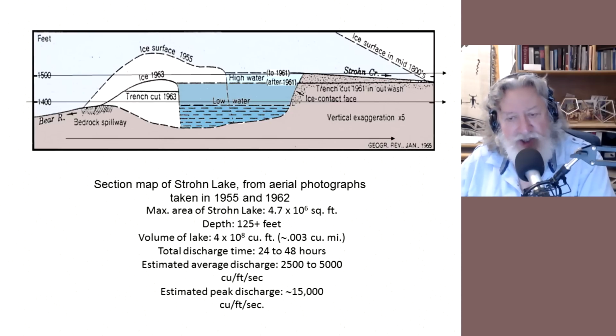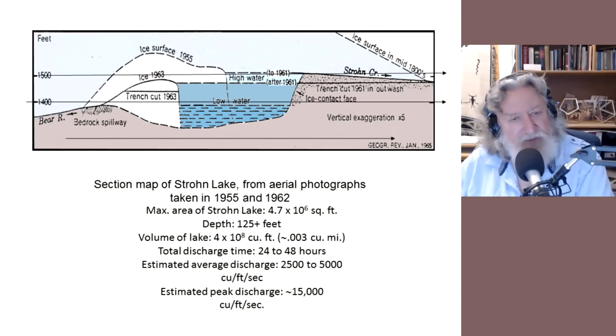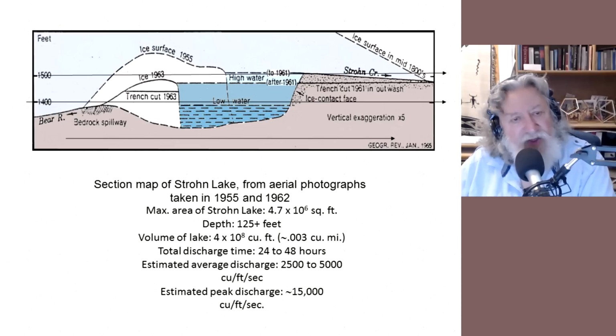Estimated average discharge, 2,500 to 5,000 cubic feet per second. Estimated peak discharge, 15,000 cubic feet per second. So peak discharges of some of the Missoula floods, like through Rathdrum Prairie, were only 53,000 times greater.